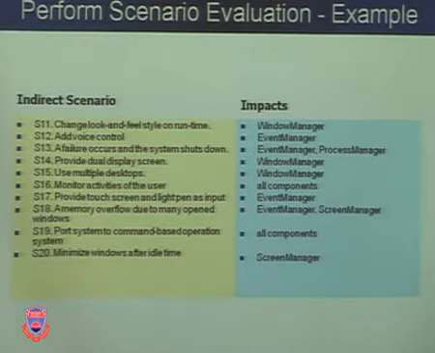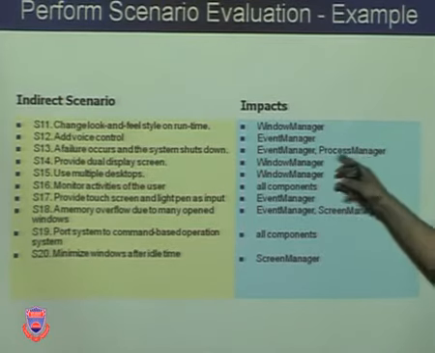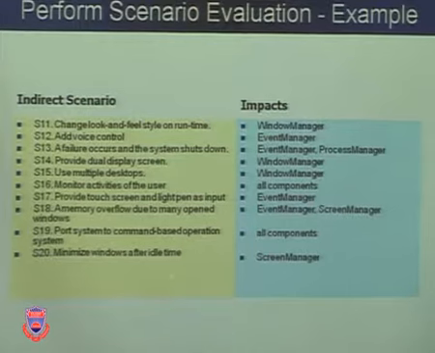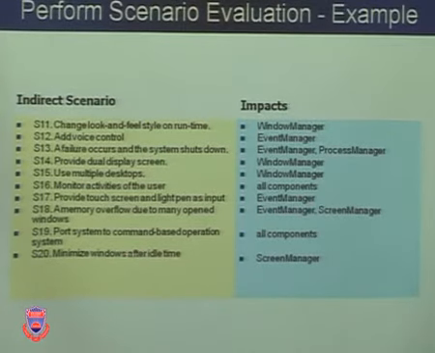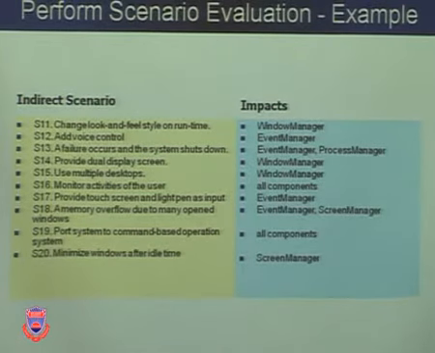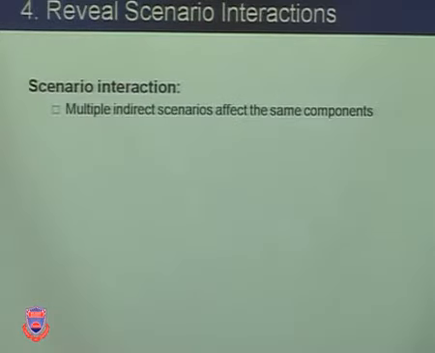Okay, which means then these two are indirect for this scenario. Port system to command-based operation system impacts all components in this case. Okay. It's just similar to the revision control system, the same process.